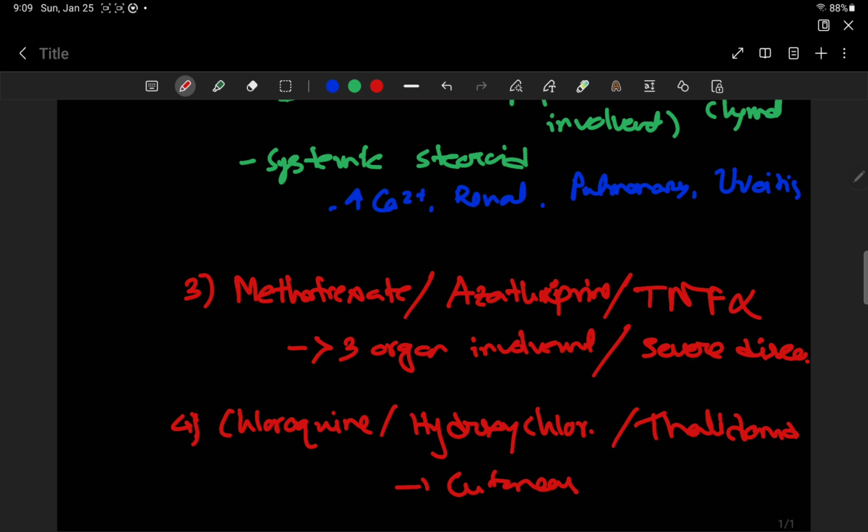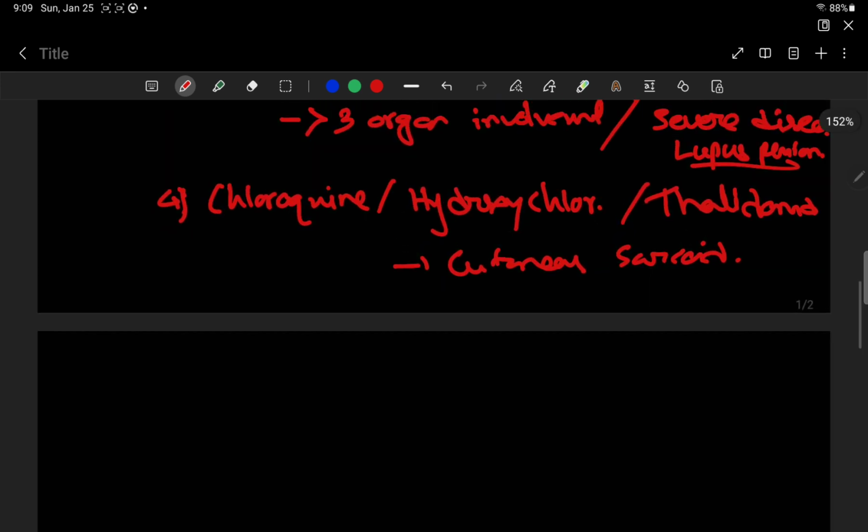It is called cutaneous sarcoidosis. Another severe form is known as lupus pernio. In case of methotrexate, you can also give it for 3 organ involvement and lupus pernio, and for cutaneous, chloroquine.